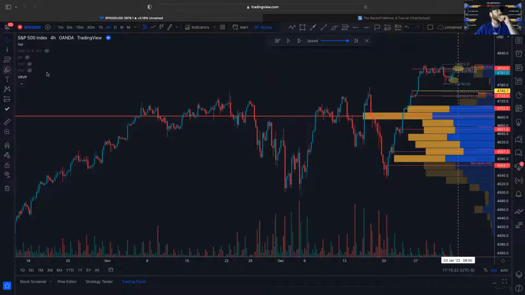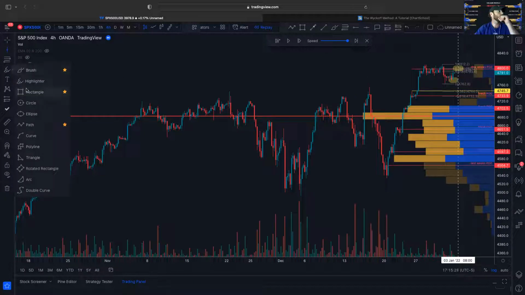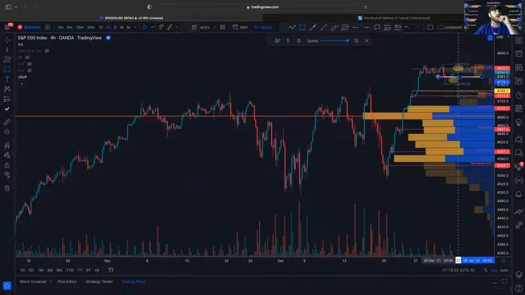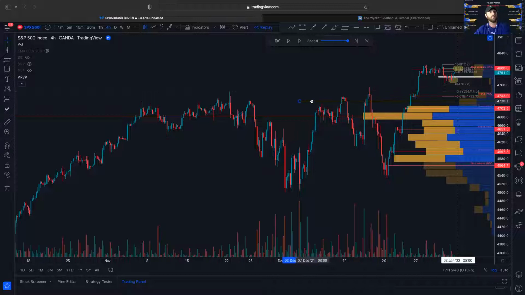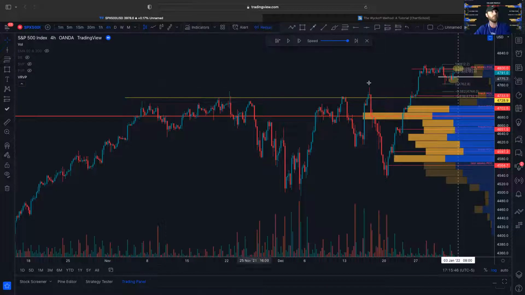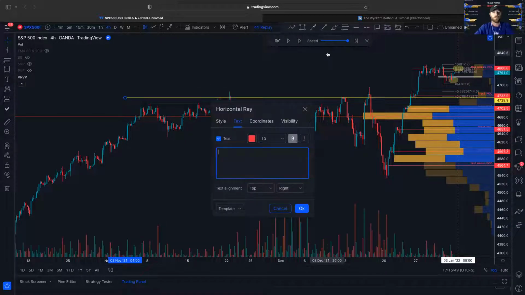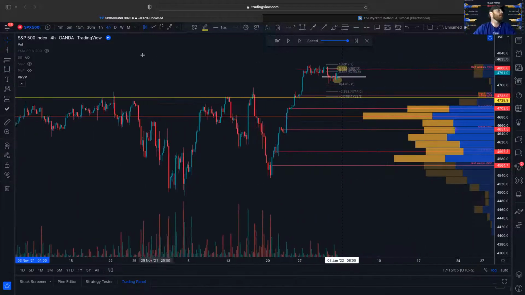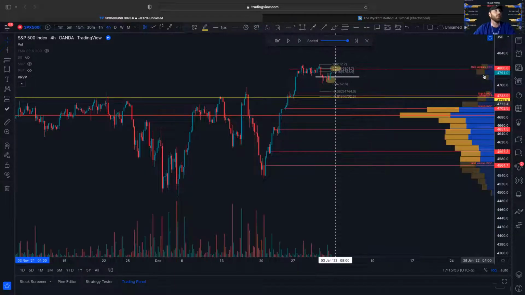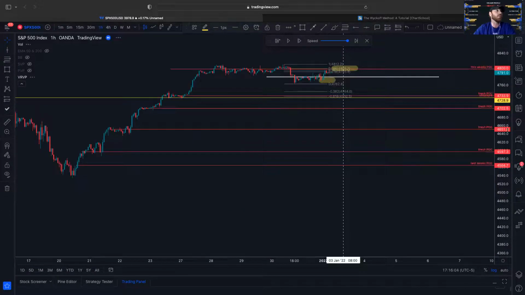So we should see if it breaks below here, it's most likely coming down into this yellow line, probably all the way down into here, and I'll just call it structure. And then you see the area of no volume, right? So if it breaks here, it should just come back into this 38.2. This fib should play out, to be honest.